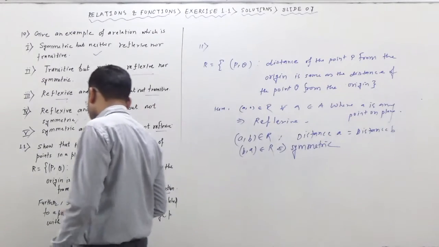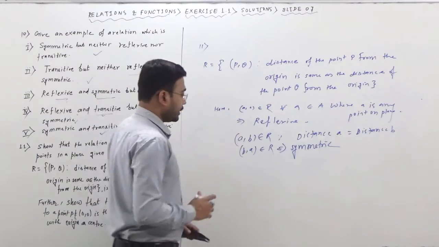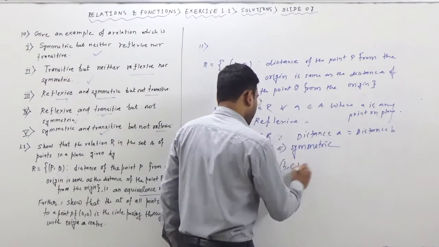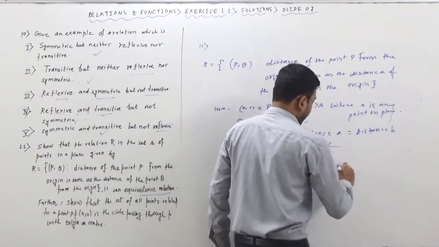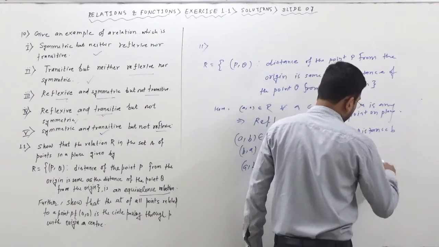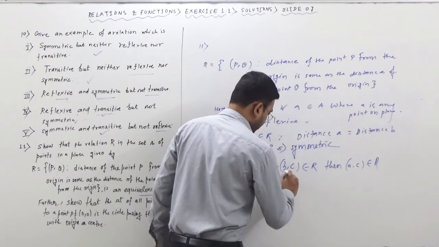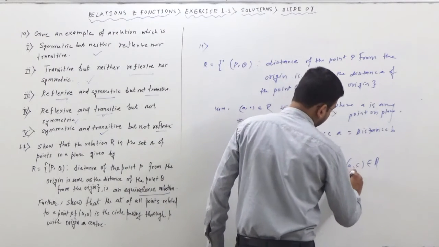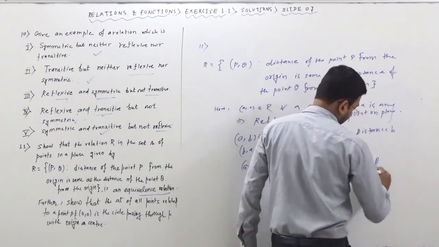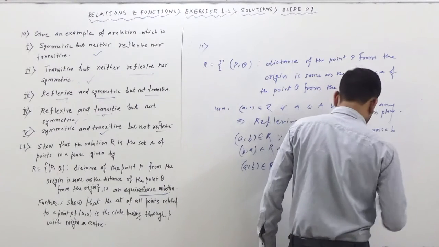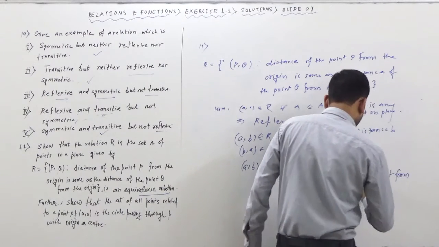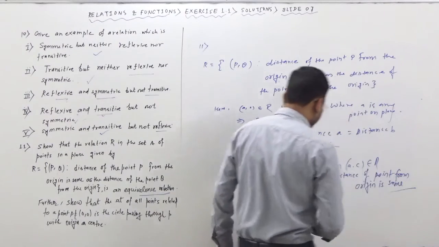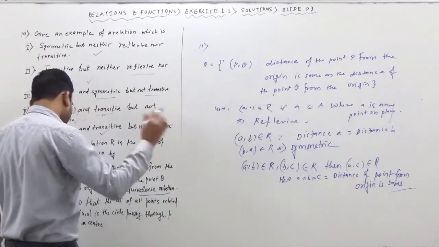Next we will check it for transitive relation. Same question. If A comma B belongs to R and B comma C belongs to R, then of course A comma C also belongs to R, because we will write distance A is equal to distance B is equal to distance C, the distance of the point from the origin is the same. Hence this is an equivalence relation.